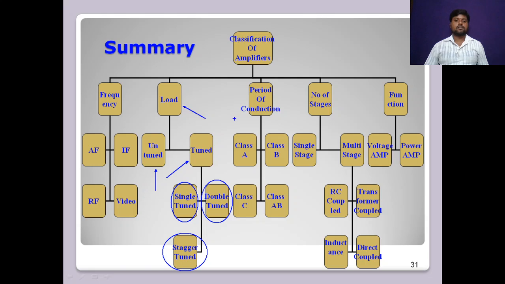The classification of amplifiers based on the period of conduction: class A, class B, class C, and class AB. Based on the number of stages: single stage and multi-stage.